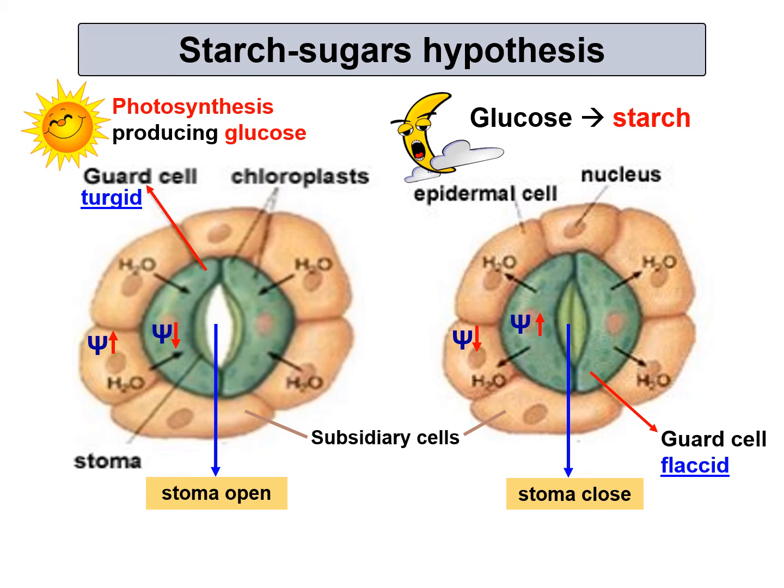Based on starch sugars hypothesis, during the day the photosynthesis process occurs, producing glucose. The whole process of photosynthesis, including the light dependent and the light independent reaction. So glucose is produced. Glucose will be accumulated in the guard cells.